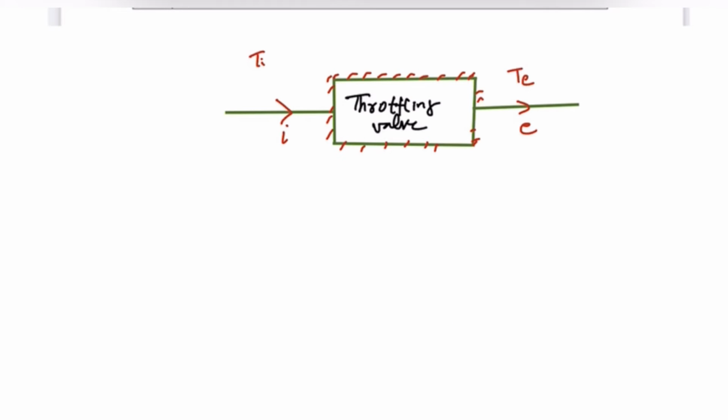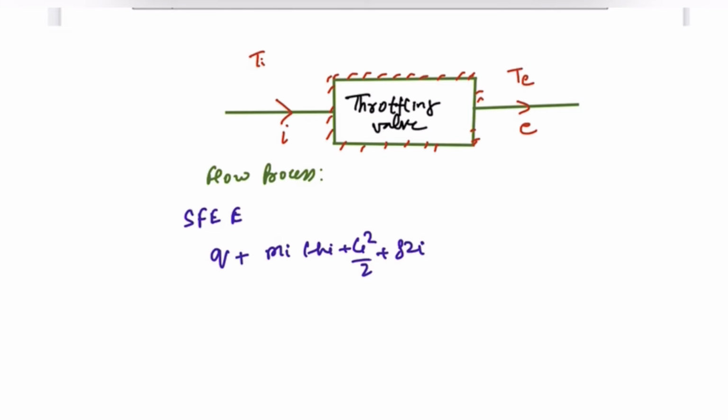Now this is a flow process, and if we apply SFEE to understand this problem, suppose Q plus Mi Hi plus Ci square by 2 plus G zi is equal to Me He plus Ce square by 2 plus G ze plus shaft work.